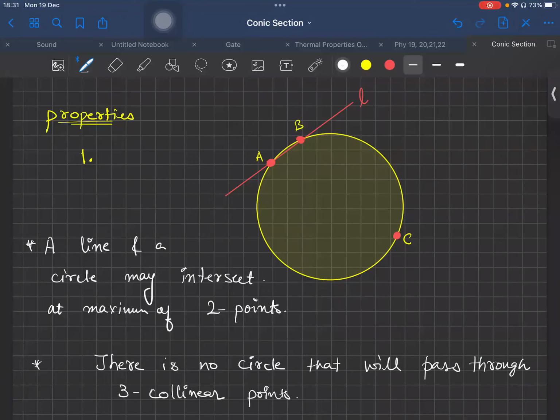Got it? Understood? See why I wrote maximum, because a line can be here also, right? That means this line is not even touching the circle. Or if a line is just touching the circle, that means it's a tangent. It is touching only at 1 point. So it can touch at maximum 2 points, or 1 point, or none. Okay, understood?